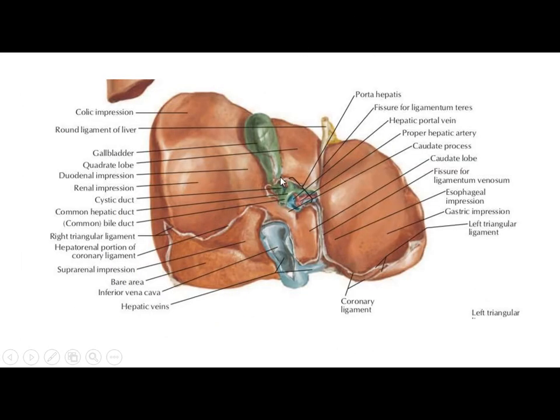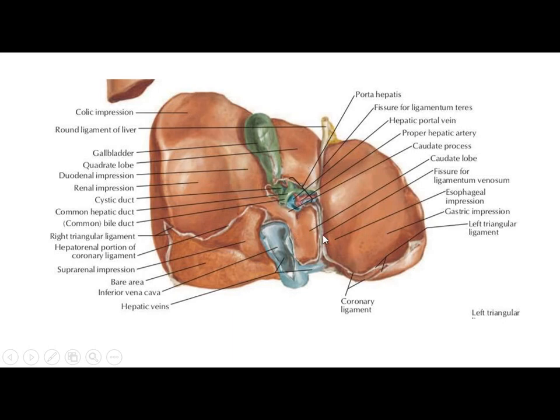The visceral surface is an H-shaped structure. The right limb of the H is formed by the gallbladder bed and the gallbladder anteriorly, the porta hepatis, and posteriorly the inferior vena cava. Between these two is the caudate process, and the caudate lobe lies to the left of the inferior vena cava.